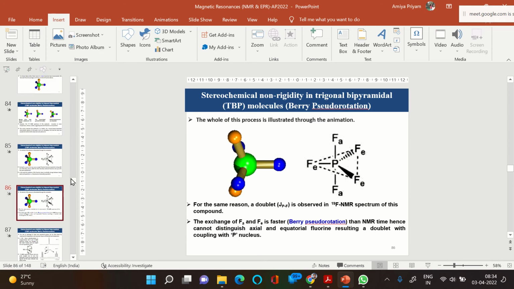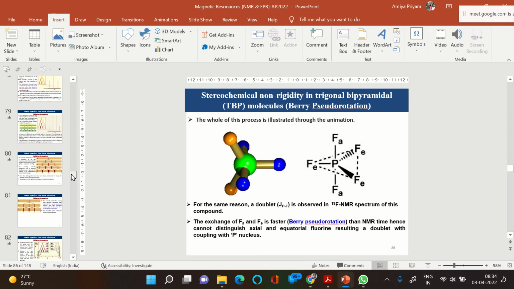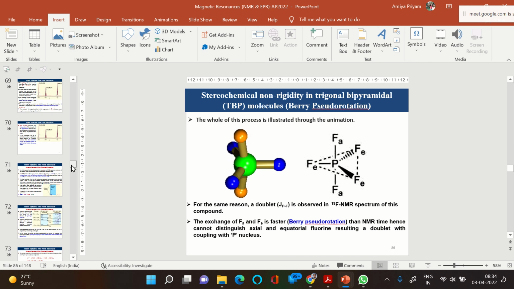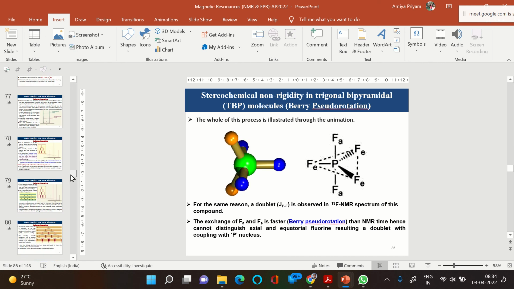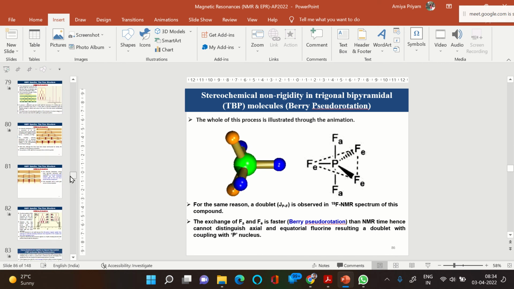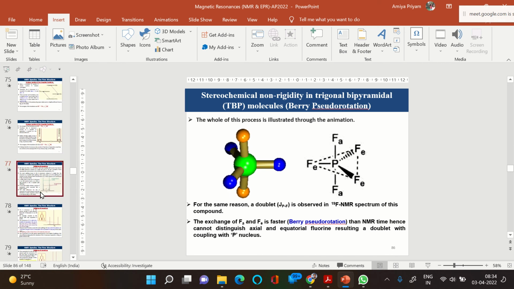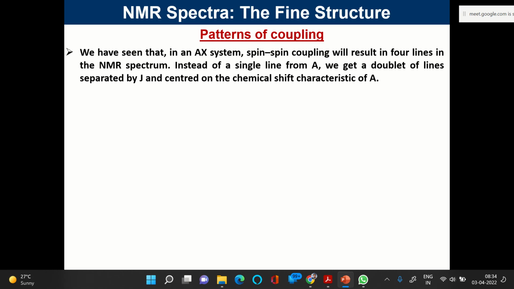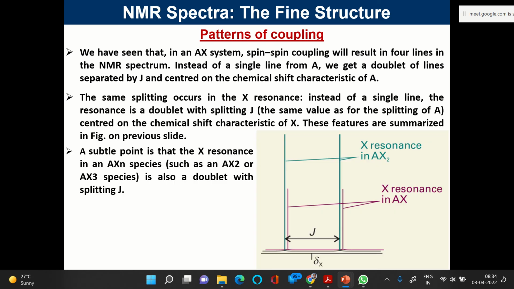If you are looking at the 19F spectrum, this is the situation we are talking about. If you are looking at the X resonance and the number of X increases, the signal will increase when you are comparing AX and AX2. So this is the kind of thing, 1 fluorine or 5 fluorines.